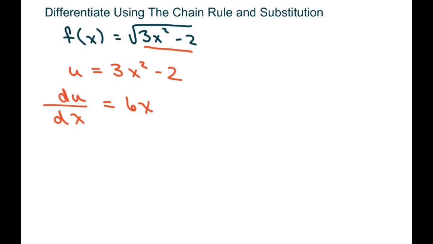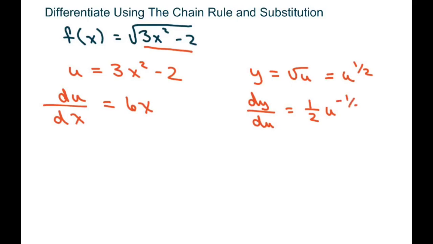My outer function, I'm going to let be y. My outer function is the square root of u, which also equals u to the 1/2, the rational form. When I differentiate y with respect to u, I get 1/2 u to the negative 1/2.